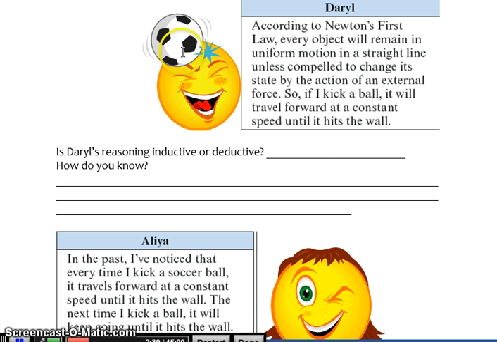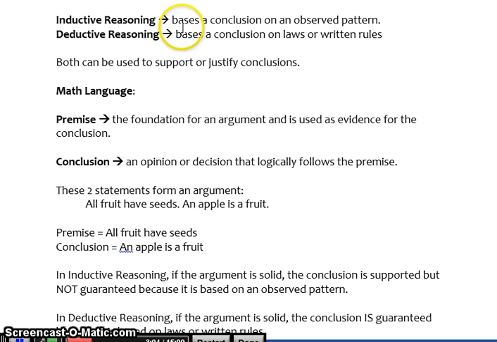This is Daryl, and according to Newton's first law, every object will remain in uniform motion in a straight line unless compelled to change its state by the action of an external force. So, if I kick a ball, it will travel forward at a constant speed until it hits the wall. We need to know, first of all, is Daryl's reasoning inductive or deductive?